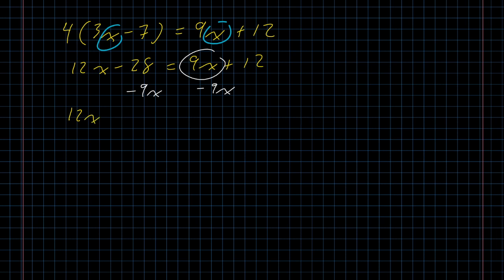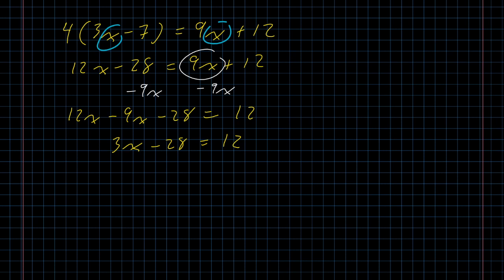So I have 12x minus 9x minus 28, and then just 12 left on the right-hand side. 12x minus 9x, those are some like terms I can combine, and that gives me 3x minus 28 equals 12.